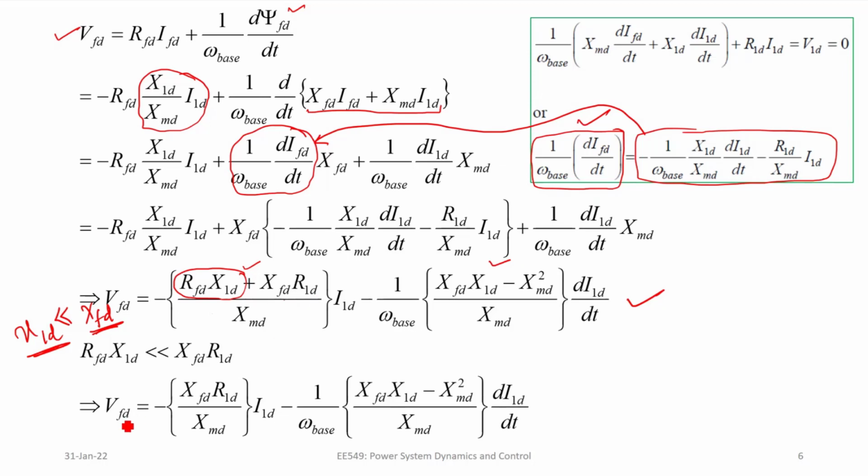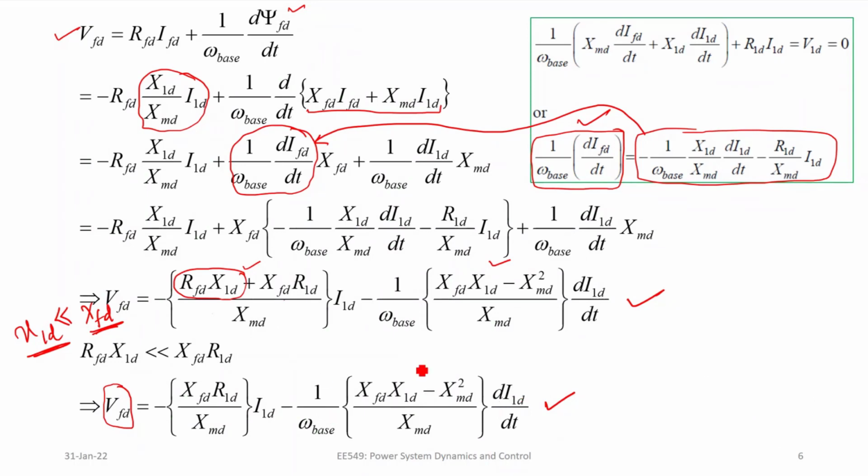So now I can write VFD will be equal to XFD R1D by XMD into I1D minus 1 by omega base XFD X1D minus XMD square by XMD into d by dt of I1D. So now we can see this is a differential equation where we have a source VFD and it is written in terms of current I1D, right?